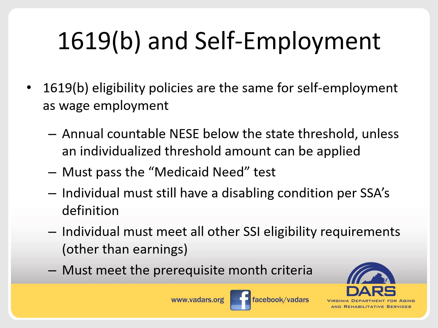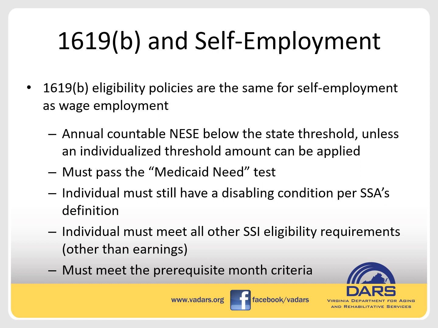And they have to meet all the other SSI eligibility requirements apart from their earnings. So in other words, and as you all know, if you've been a WISA for a while or a counselor for a while, that means that countable resources, like money that's not excluded in an ABLE account or a trust, have to be under $2,000. That's money that's like in a regular checking or savings account.